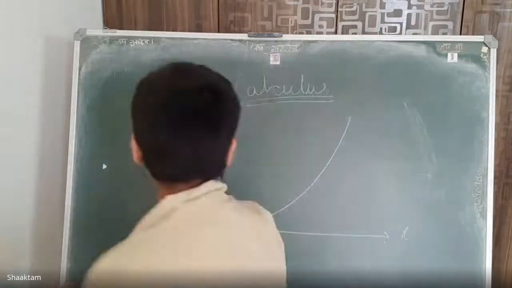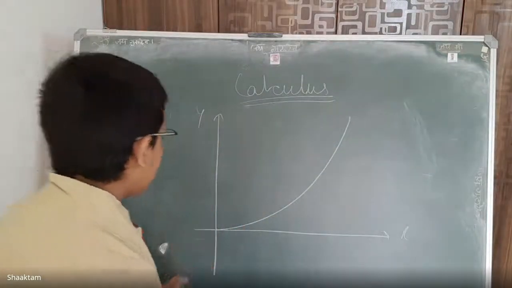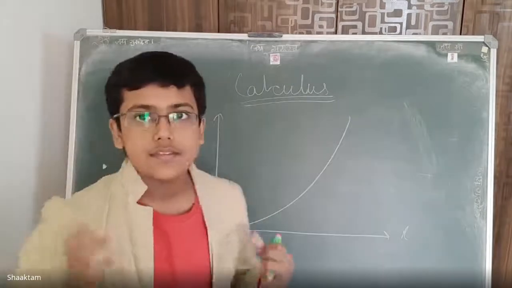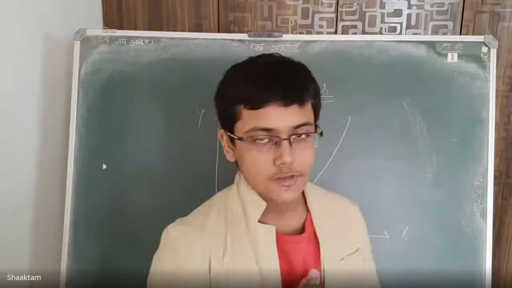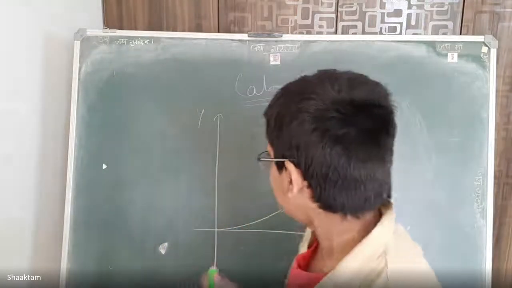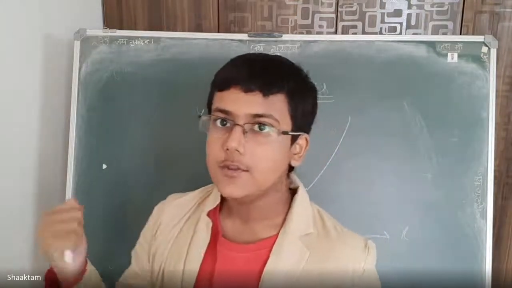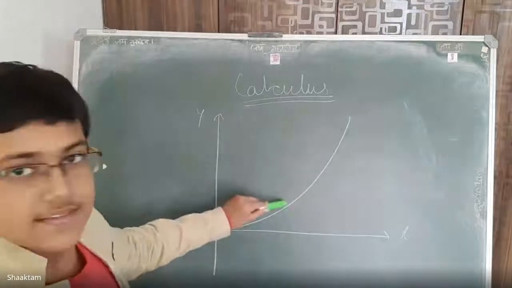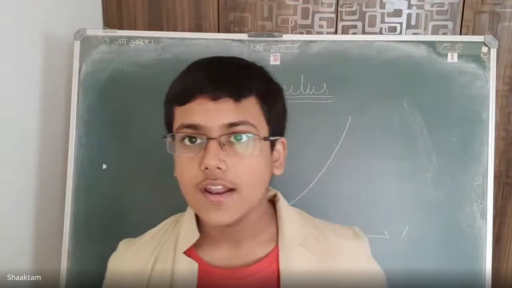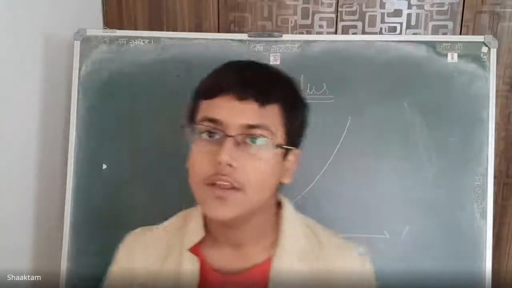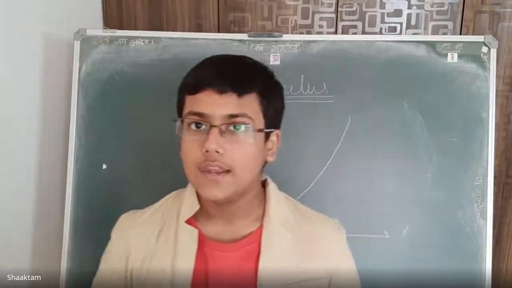It varies in such a way that for every value of y, there is some value attached to it with x. But there is a catch over here. You cannot exactly predict, if I tell you x is something, then what will be y? Why? Because it's not a line and you don't have an equation which can determine it. It's a curve.